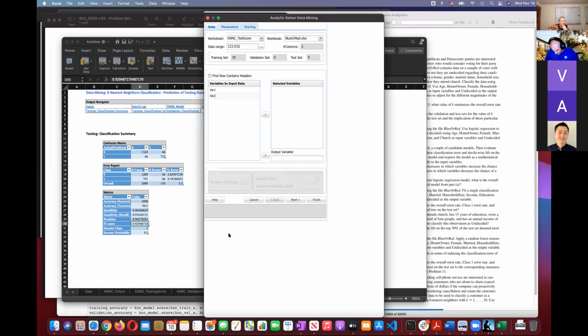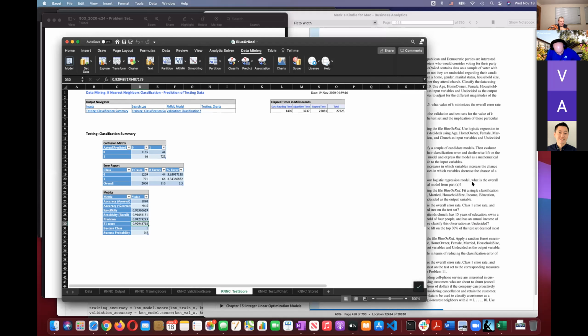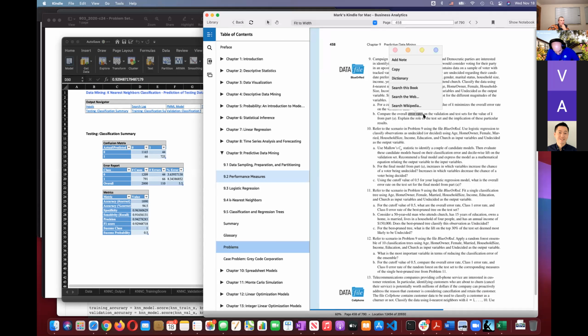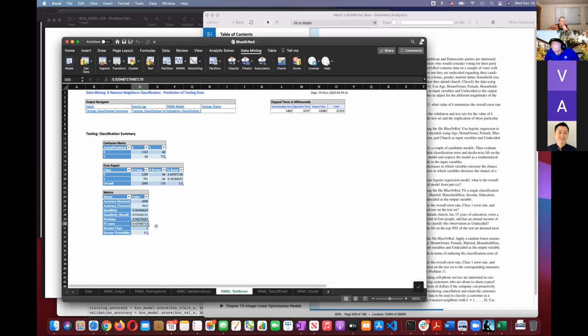Oh, it doesn't like it because I'm on a different page. It wants to be on the data page to do this, but you can kind of see success class and success probability. So you can change this probability cutoff between 0 and 1 right here. But I'm not on the right page to do that. And then it says compare the overall error rates and test sets apart from A, explain the role of the test set and the implication of these particular results.